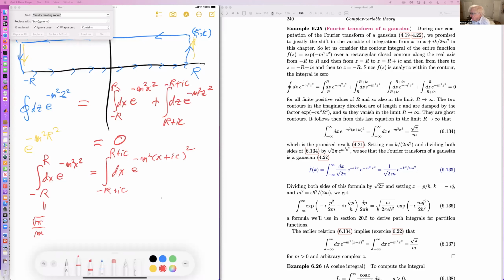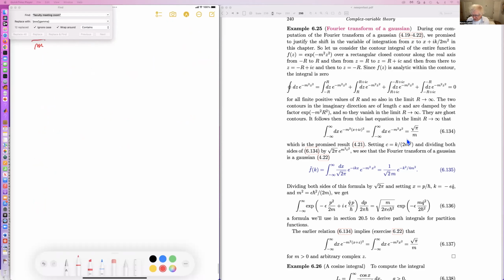So why don't you write in the chat window whether you want me to tell you what the trick is for doing this integral, because just offhand it might look like a hard integral. Okay, so some people want me to do it. All right, so let's do that integral. Here's the trick.